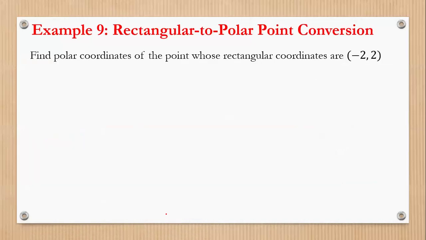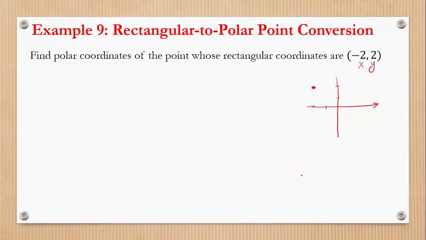Let's look at another example. We want to find the polar coordinate of the point whose rectangular coordinates are negative 2 and 2. So x and y are given to us. First, let's plot the point. If I want to plot the point on the coordinate plane, x is negative 2, y is positive 2. So that's the point.